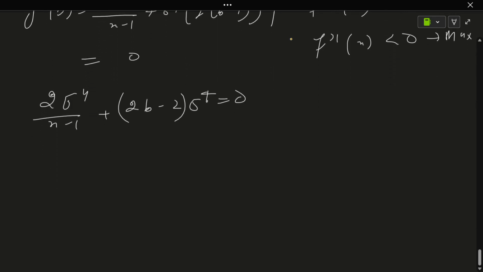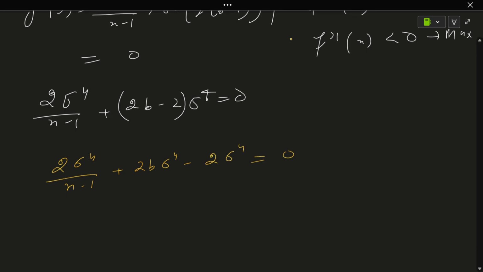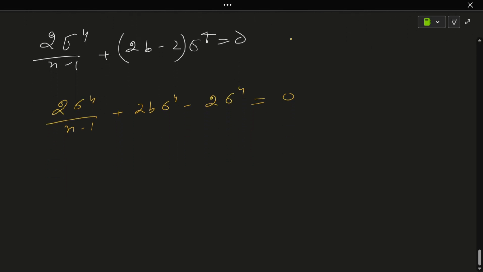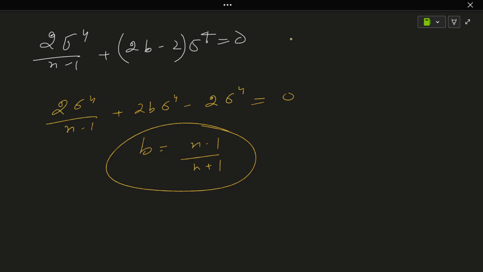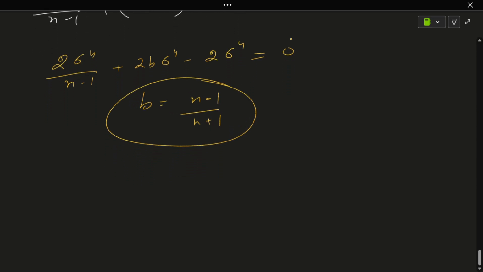So can I write 2 sigma 4 upon n minus 1 plus 2b sigma 4 minus 2 sigma 4 is equal to 0. Once we calculate this from this equation, we will get b is equal to n minus 1 upon n plus 1. You can solve this equation and you will get b is equal to n minus 1 divided by n plus 1. And now, differentiate again.